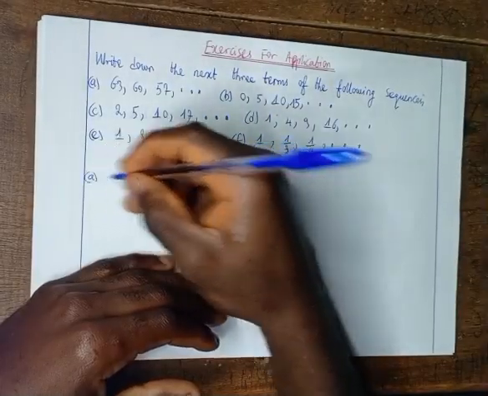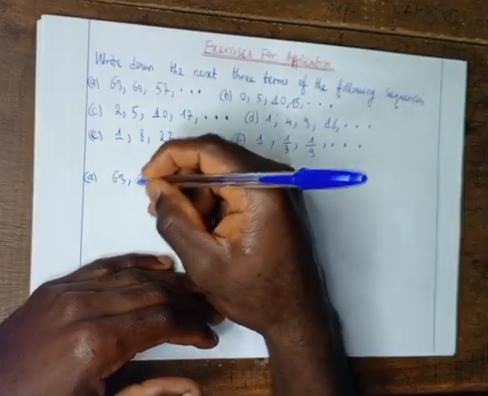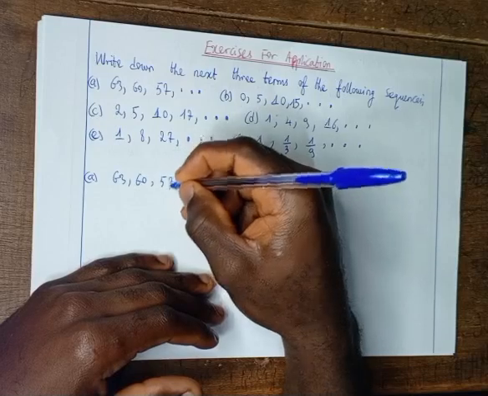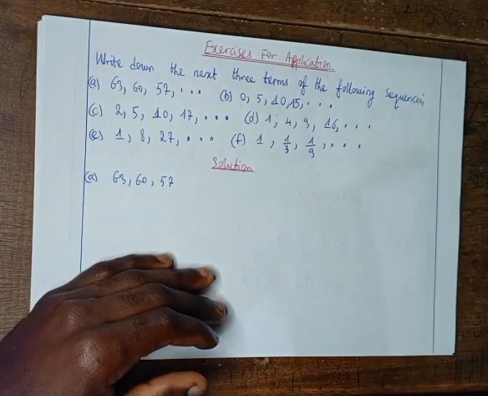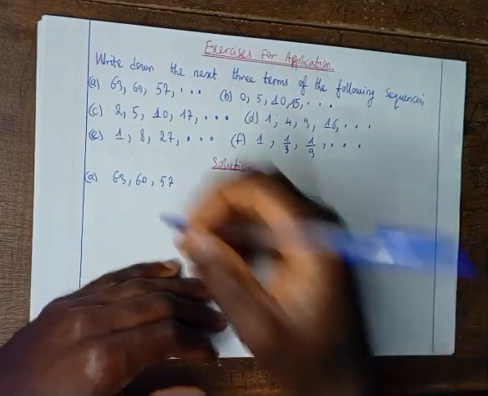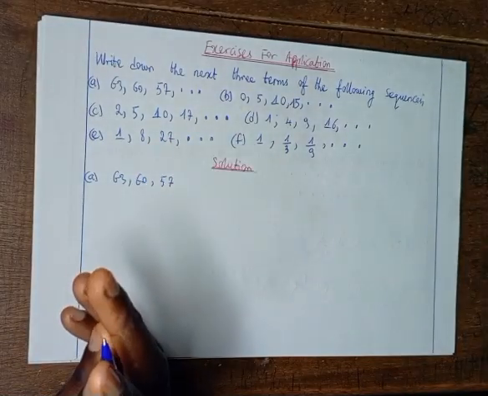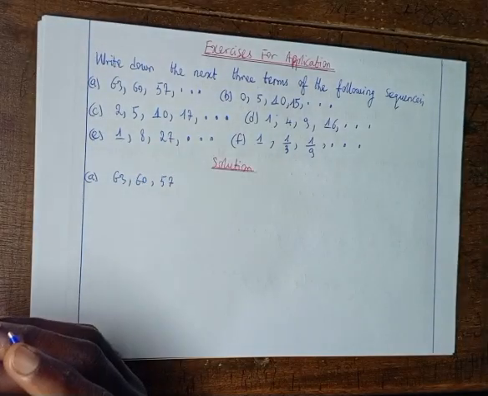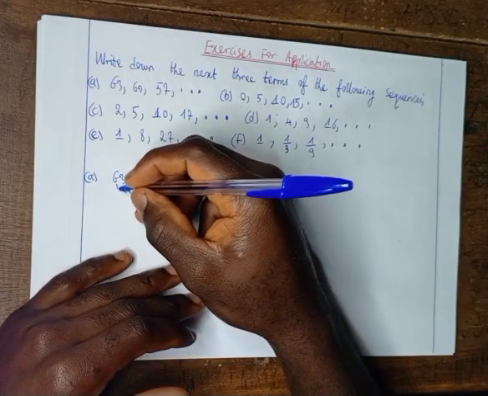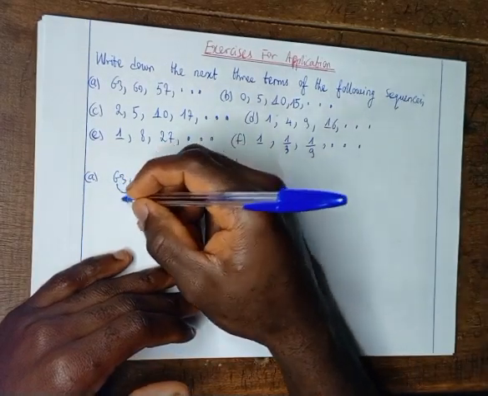For A, we have 63, 60, 57. It says we should write down the next 3 terms of the following sequences. Here, 63 to 60, subtraction of 3. 60 to 57, subtraction of 3. So the rule here is simply minus 3.